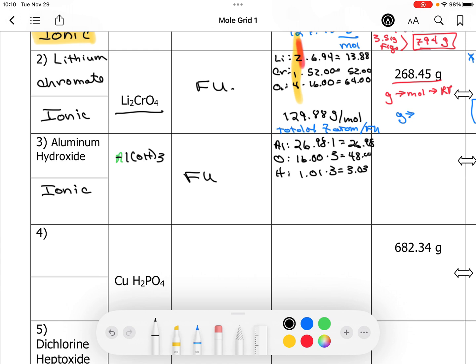Let me add these. 26.98 plus 48 plus 3.03. Enter. 78.01.